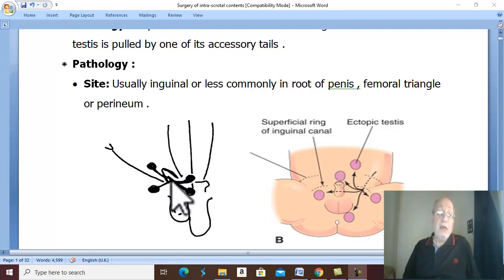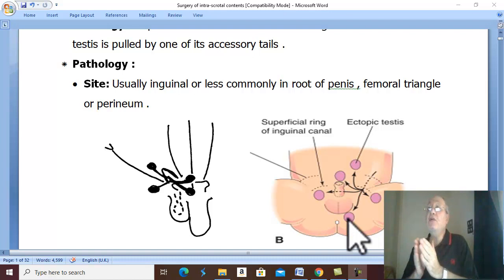It may be usually pulled by the accessory inguinal tail, and usually the testis lies in the subcutaneous tissue in the inguinal region. But it may be pulled in the subcutaneous tissue to the femoral triangle, or to the root of penis, or to the perineum.